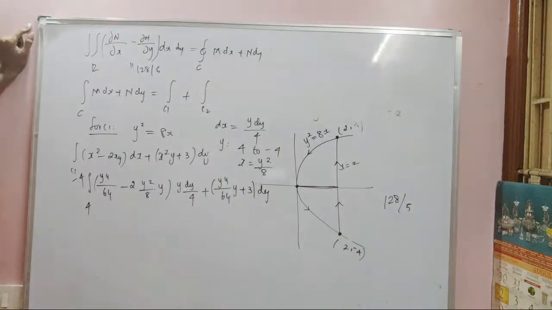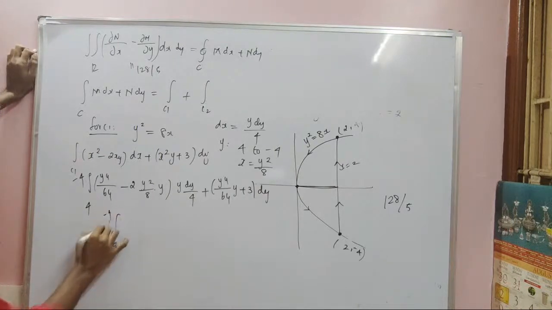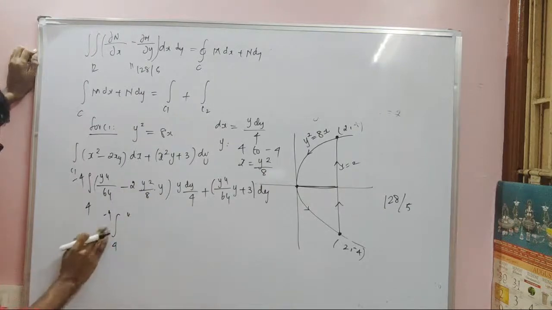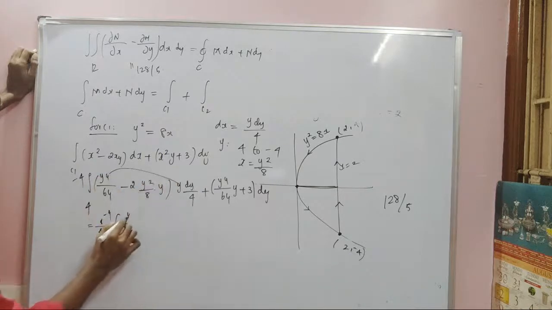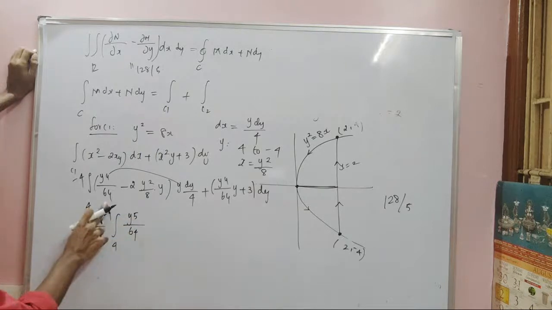So we need to integrate this entire term with respect to y and then apply the upper limit minus lower limit. So this will be the integral from 4 to minus 4. Here you can see y is multiplied here, so I can take 1 by 4 outside. So we have y into y power 4, which is y power 5 by 64.